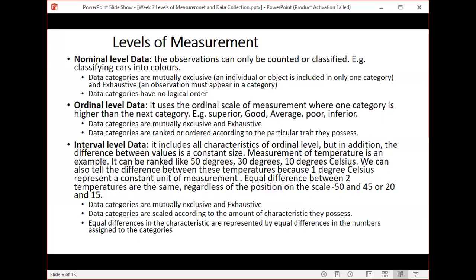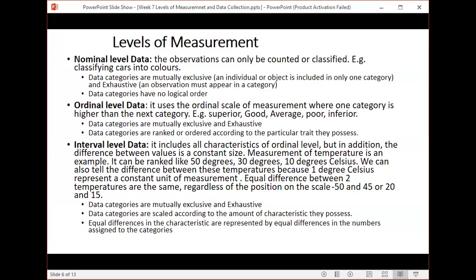So this time around, an example: I'm classifying the cars into categories, but the categories I'm putting them into have order in them. Like say, I want to put cars under superior cars, good cars, average cars, poor cars, inferior cars. Once I'm doing that, what it means is that the superior cars will run on top, followed by the good cars, and followed by the average, the poor, and then the inferior cars.